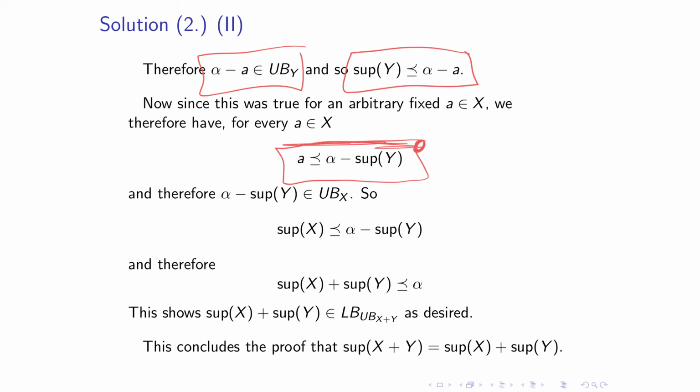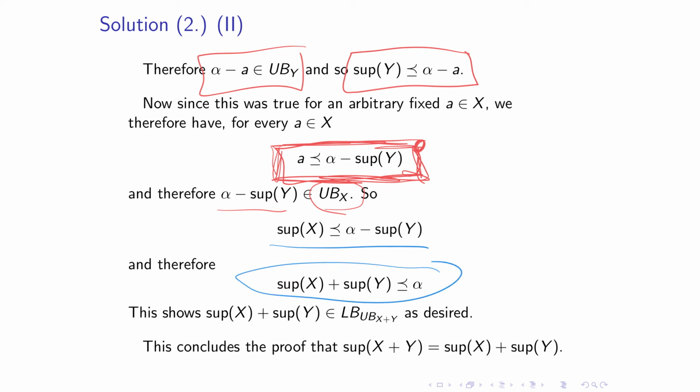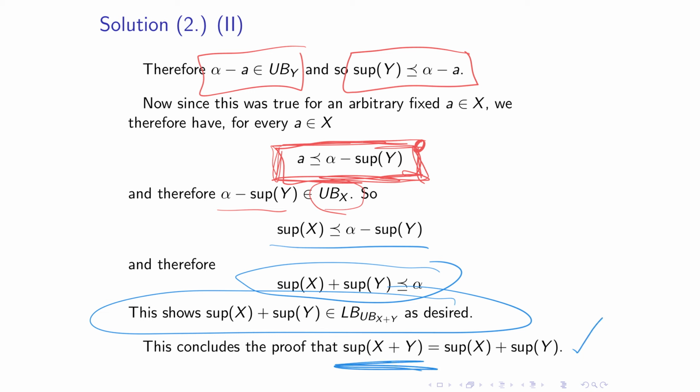So now this inequality must be true no matter what a is, and a is an arbitrary choice of element from x. Well, then that just means that alpha minus sup y must be an upper bound on the set x. Okay, well, if it's an upper bound, then it must be greater than or equal to the least upper bound. So sup x ≤ alpha minus sup y, add sup y to the other side, and we have exactly what we sought to show. All the properties of being the sup of x plus y have now been confirmed, so the proof is complete.